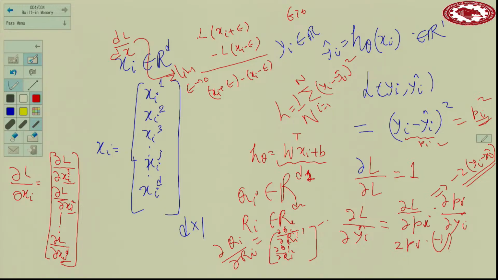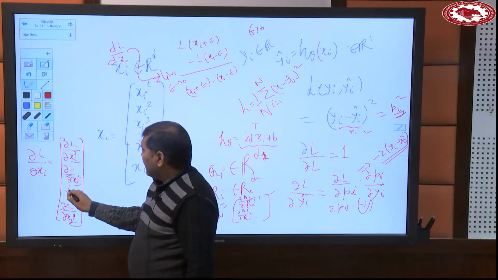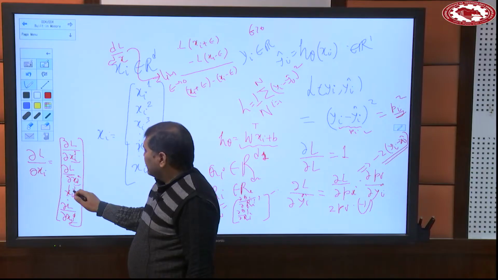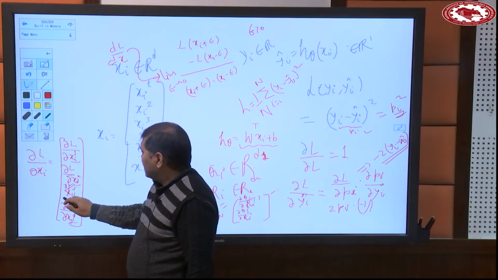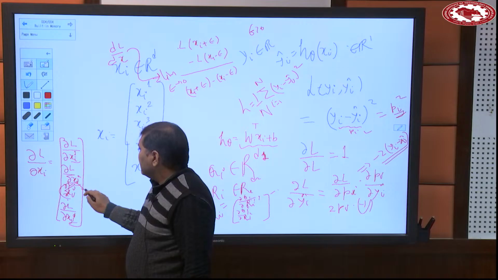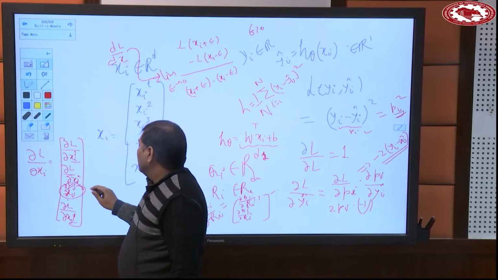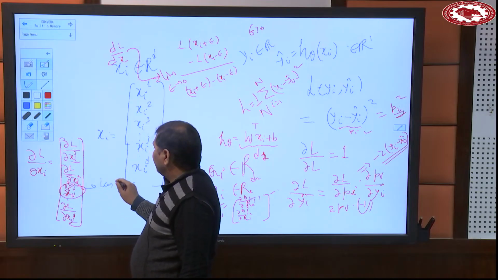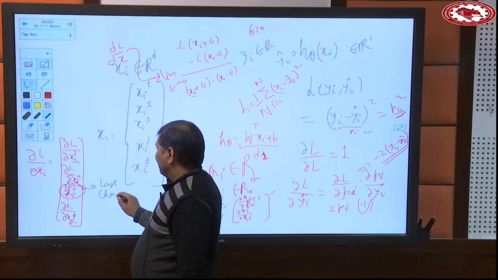The change might be positive, it might be negative. So suppose some jth feature has changed, let you have an xij somewhere. This is the gradient of the loss with respect to this one, and let this have the large change.